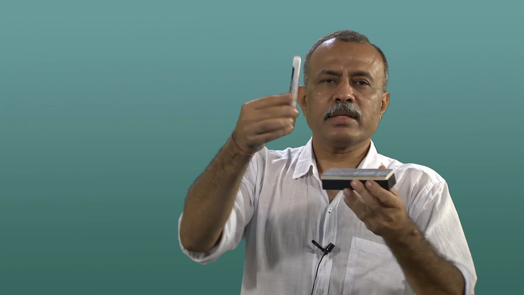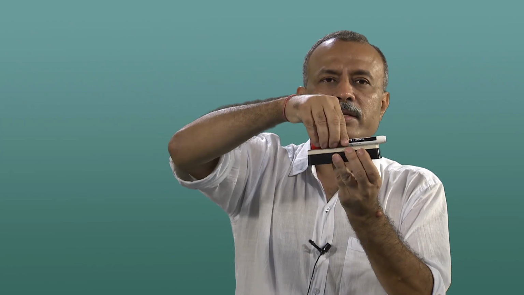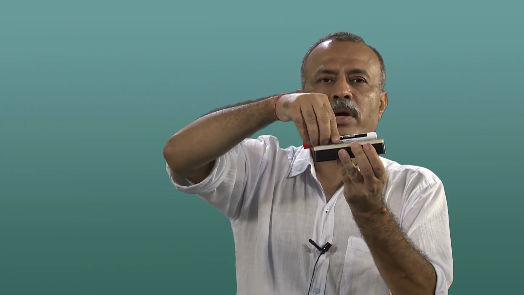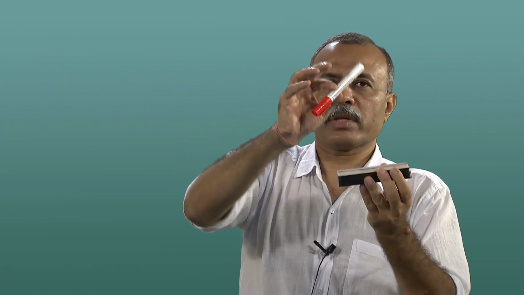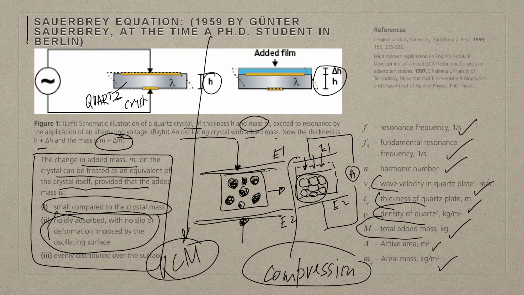When I am adding something, it should remain in place. It should not be slipping away or moving around, and all those kind of things won't work. So with quartz crystal microbalance, you have to be extremely careful. A standard quartz crystal microbalance won't work under those situations.